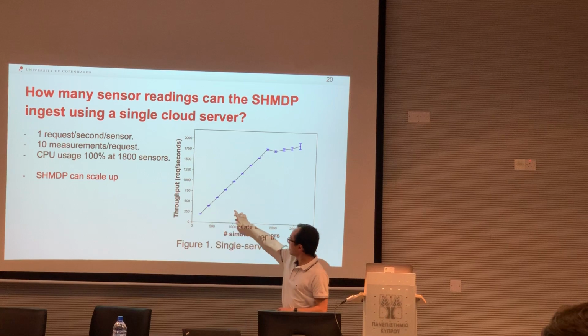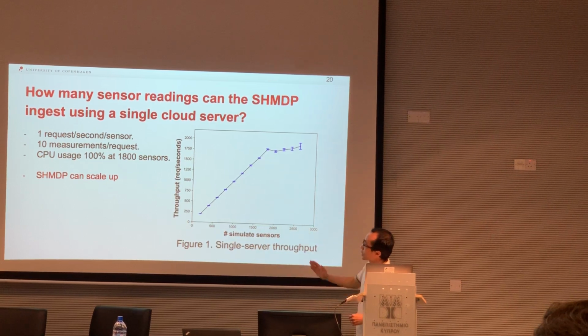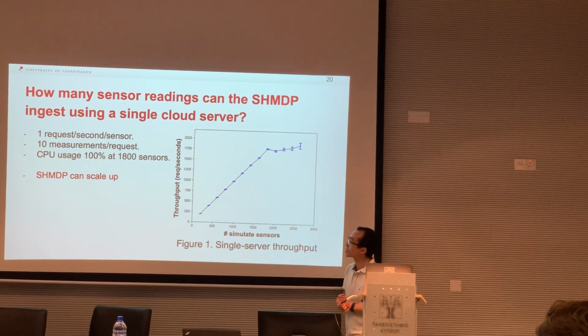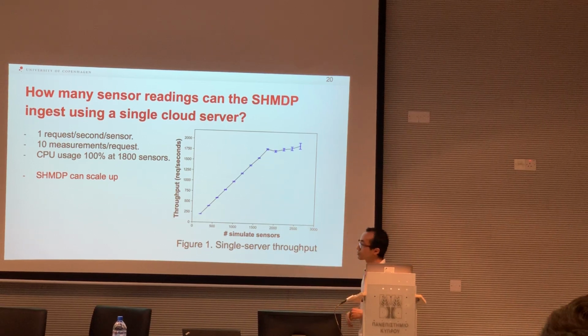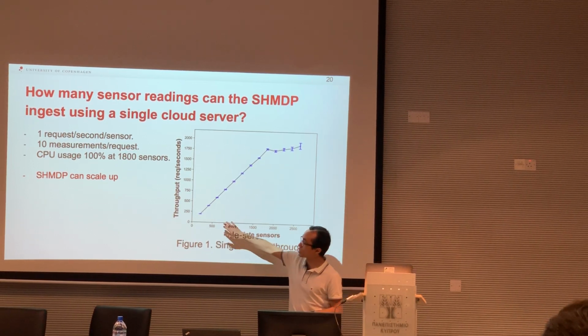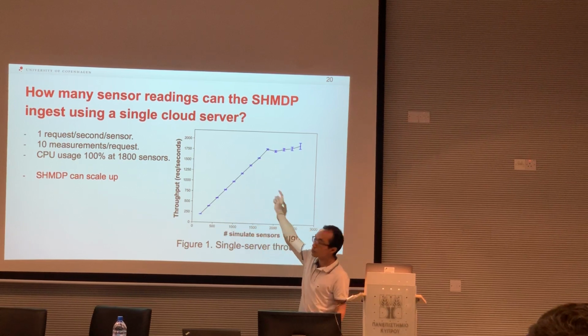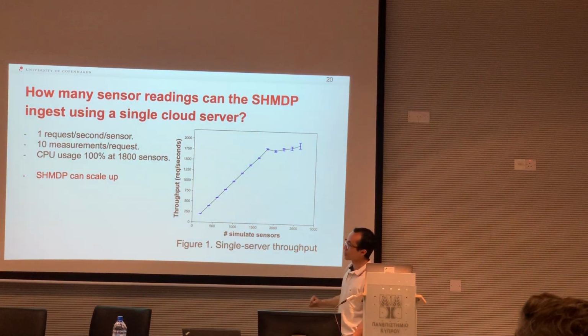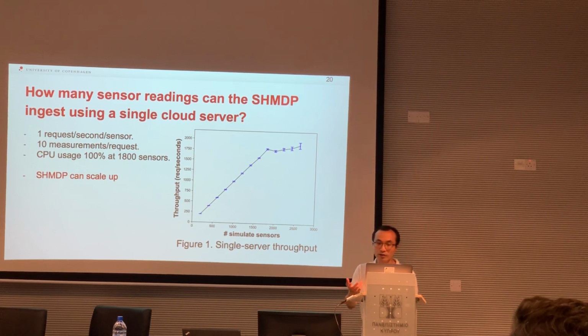If we increase to around 1,800 sensors, the CPU usage already reaches 100%. So on a single server, before the CPU usage reaches 100%, the scalability is actually very good, which means that our platform can support scaling up.